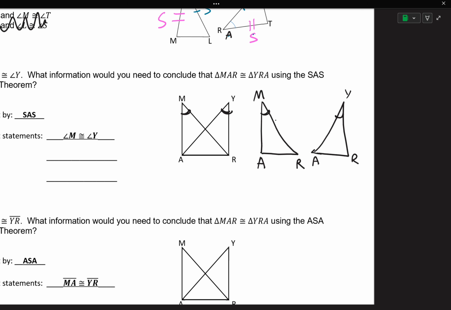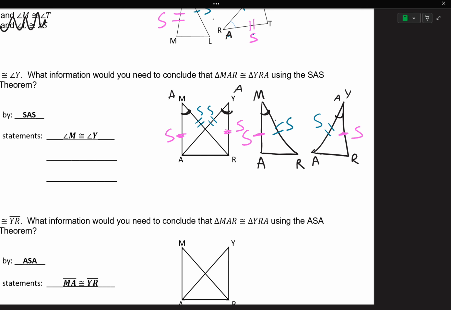Let's start with triangle MAR. Let's label this side, and let's label that side. So in triangle YRA, we can label this side, and we could label that side. SAS. That angle is right there.